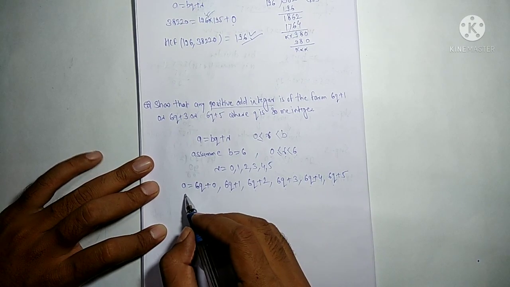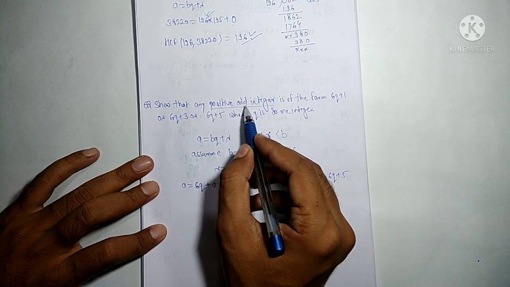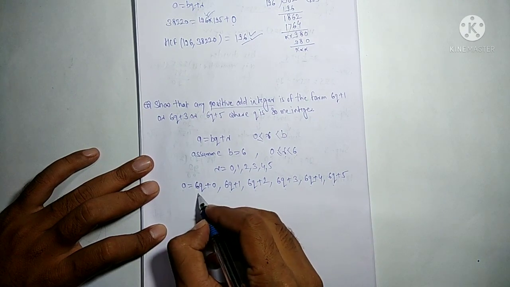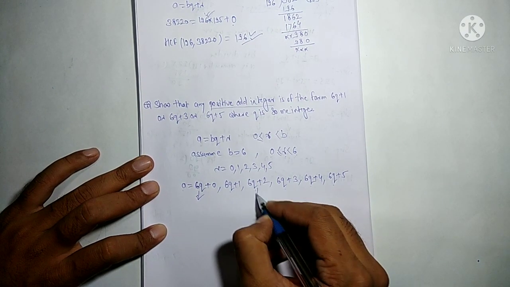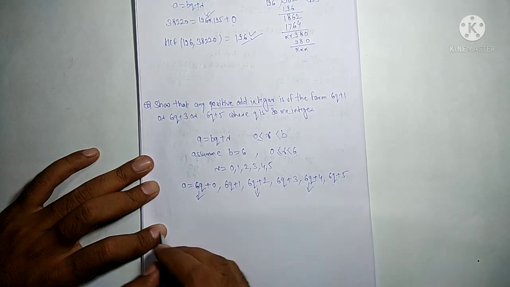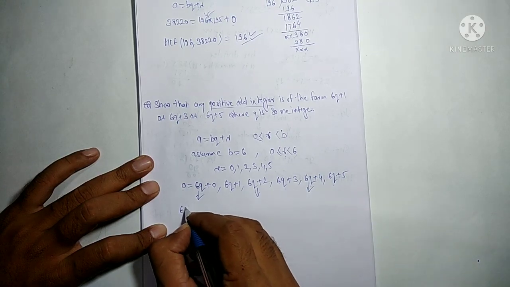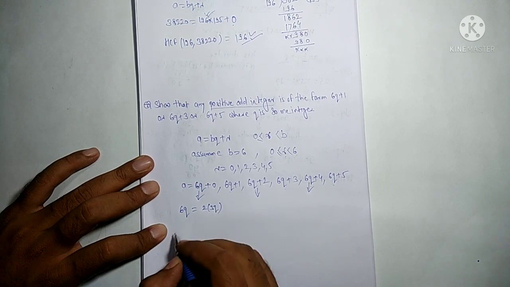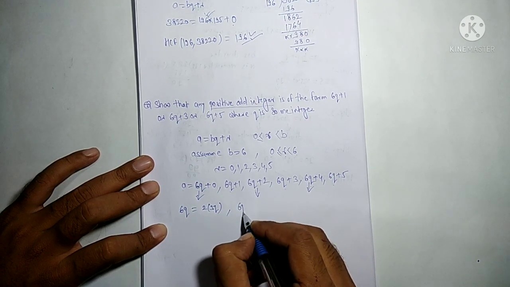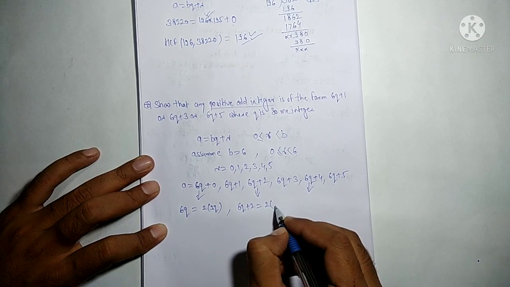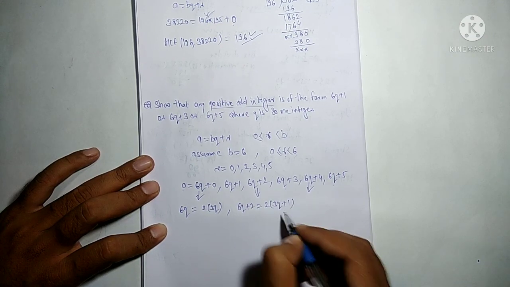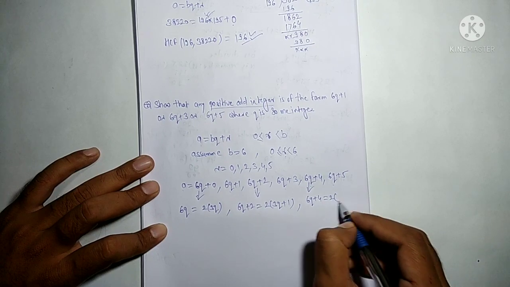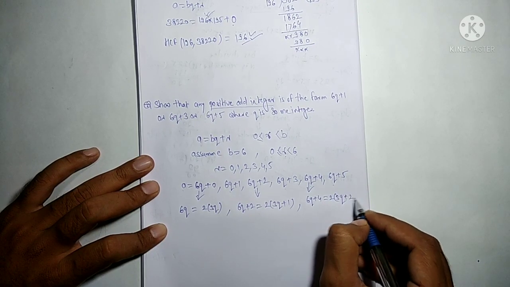Okay, already we assumed a is a positive odd integer. Then we analyze these numbers, 6q, 6q plus 2, 6q plus 4. Look here, 6q equal to 2 into 3q. Now 6q plus 2 is 2 into 3q plus 1. 6q plus 4 equal to 2 into 3q plus 2.